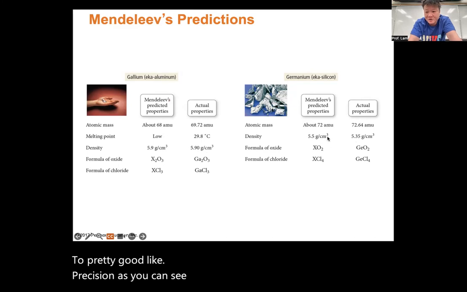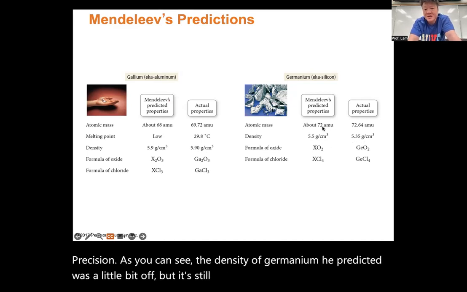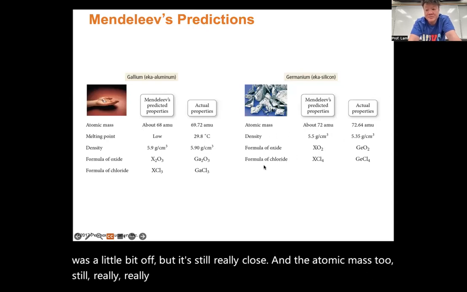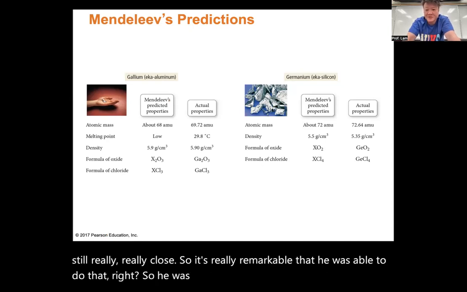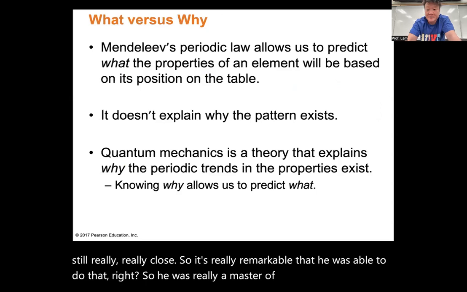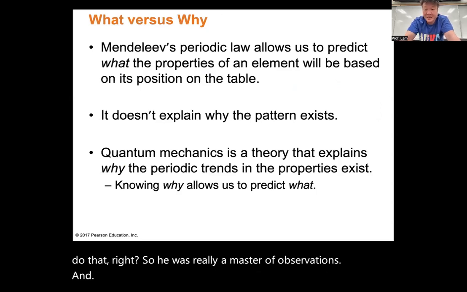The density of germanium he predicted was a little bit off, but it's still really close, and the atomic mass too. It's really remarkable that he was able to do that, right? He was really a master of observations and identifying patterns.